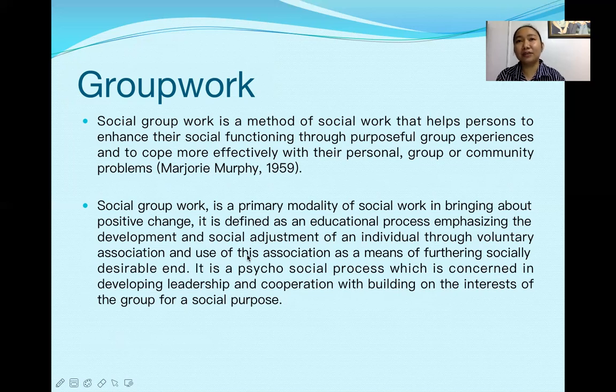But later on in your specific courses in relation to group work, you will also encounter that there are instances that people are being forced to be part of the group for some treatment goals. It is also a psychosocial process, and it is concerned with developing leadership and cooperation with building on the interests of the group for a social purpose.